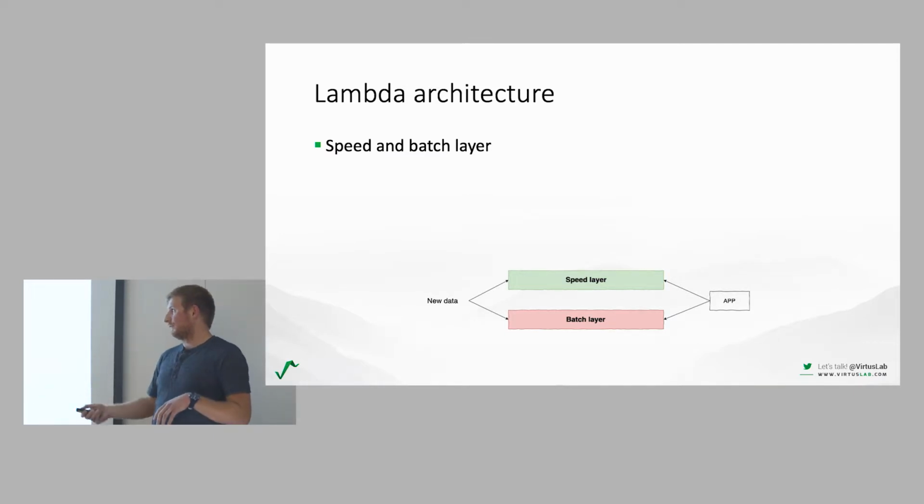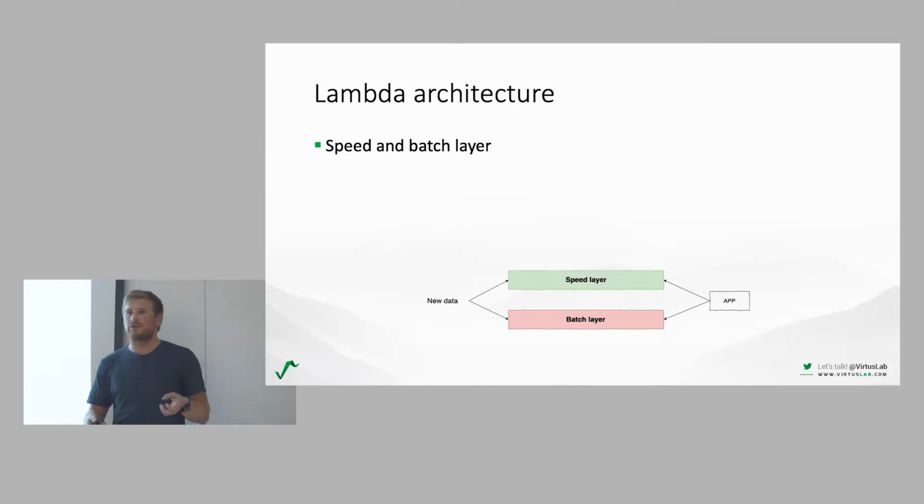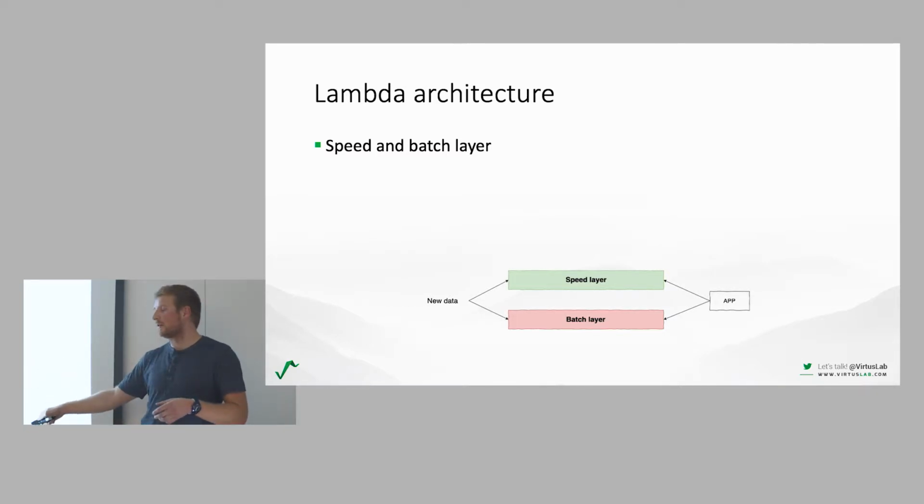So we have speed and batch layers. The speed layer is all about providing results as quickly as possible, but you need to acknowledge that these results will be just approximations, they won't be exact. Whereas the batch layer can calculate precise, exact results.